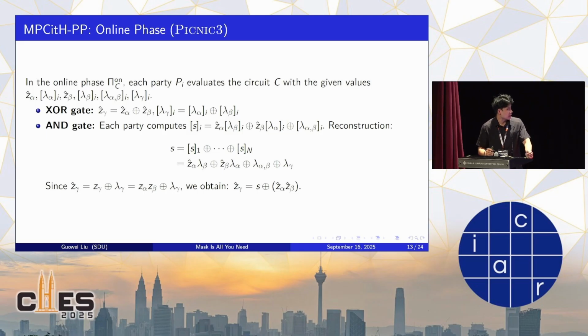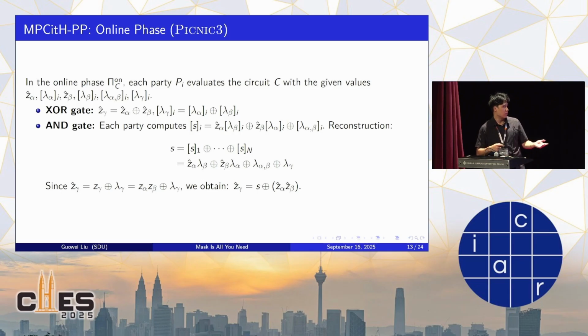And for the AND gate, the broadcast value si is defined as this function, and we can reconstruct it as the sum of the shares si, which equals the hat alpha times lambda beta XOR the hat beta times lambda alpha, XOR lambda alpha beta, and XOR lambda gamma.